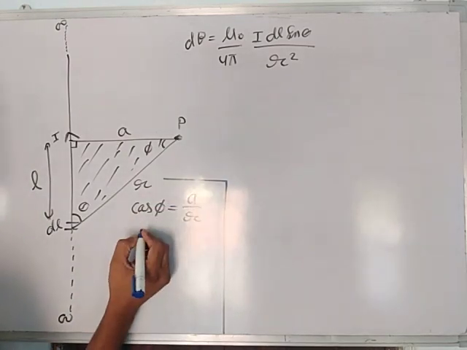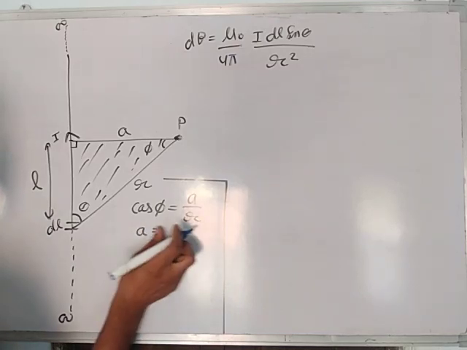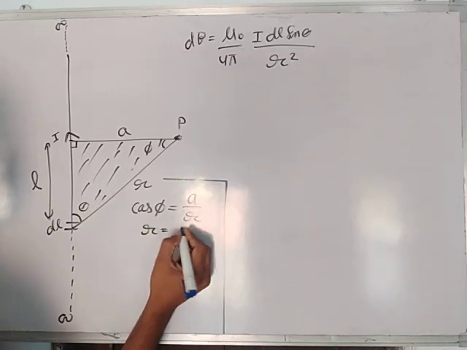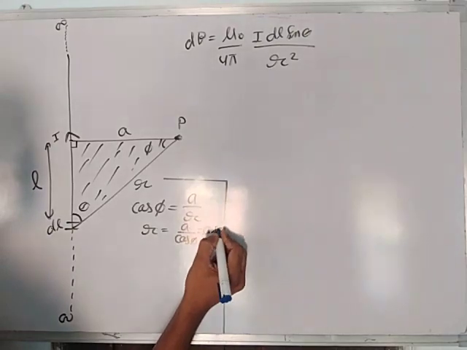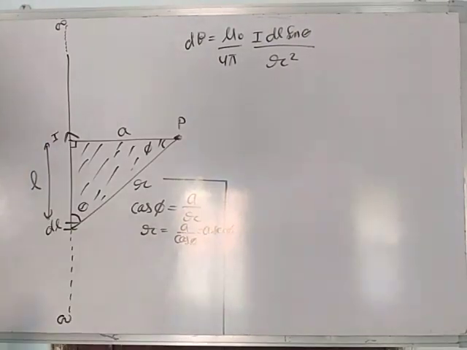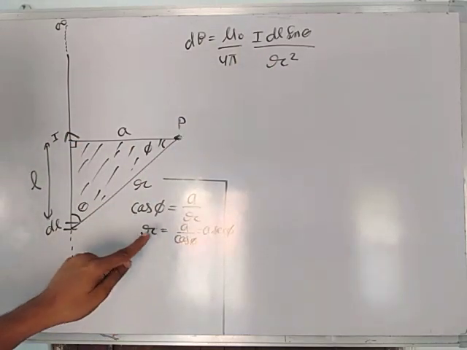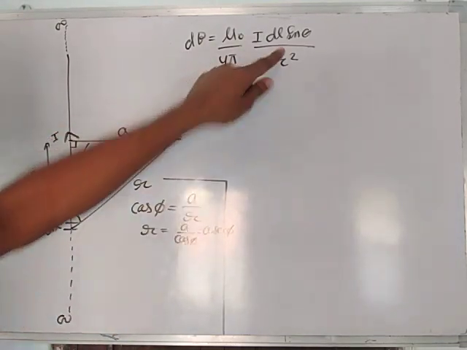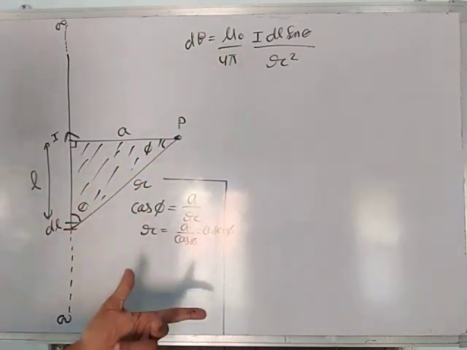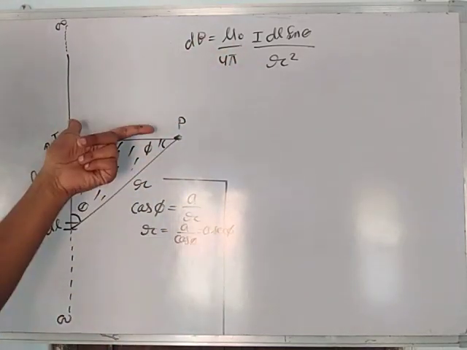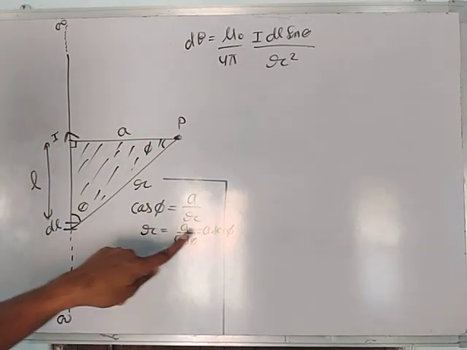Then from here r is equal to A upon cos phi, which is equal to A sec phi. Means in this expression we will substitute r is equal to A sec phi, because we are going to convert r in the form of A, because A is given.